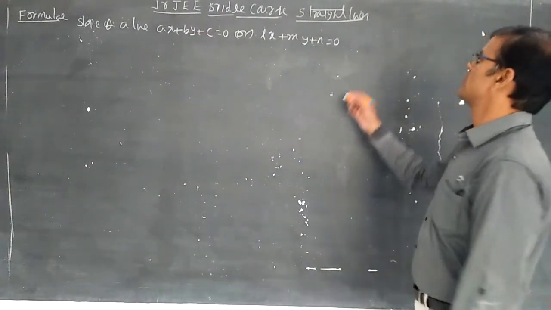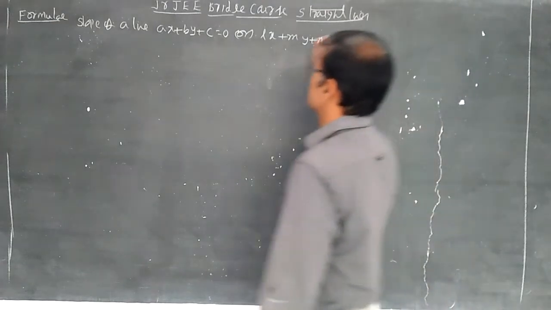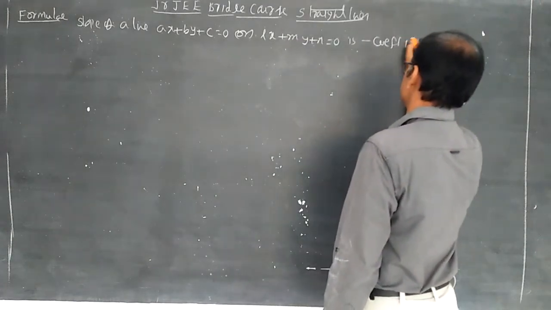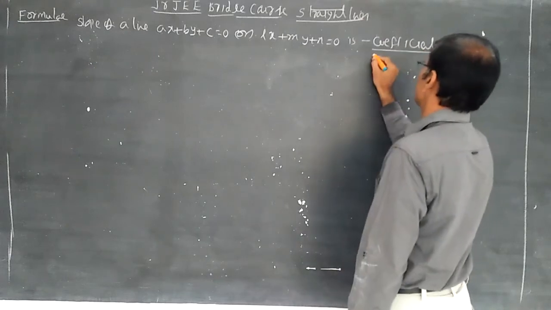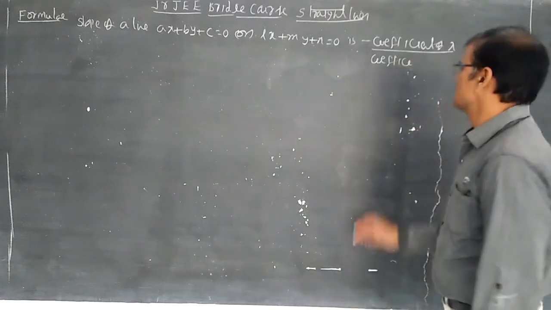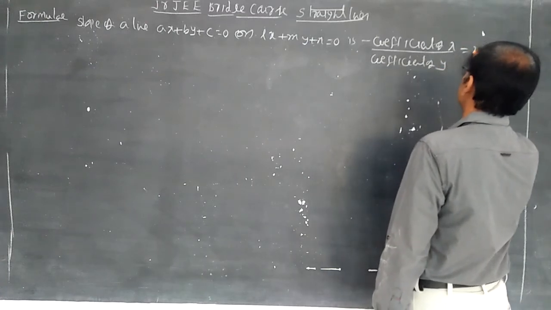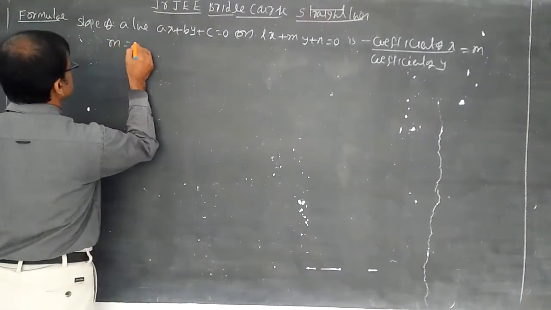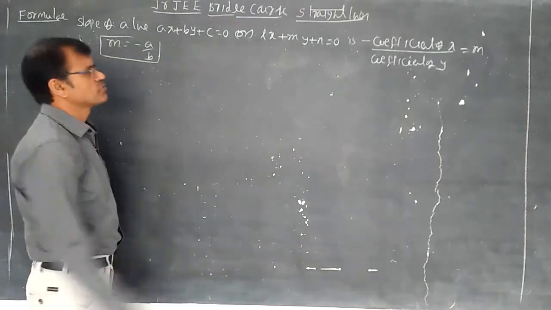Just I am making you remember that slope of this line is minus coefficient of x by coefficient of y. It is indicated with m. So you can write here m is equal to minus a by b. M means here slope, students.